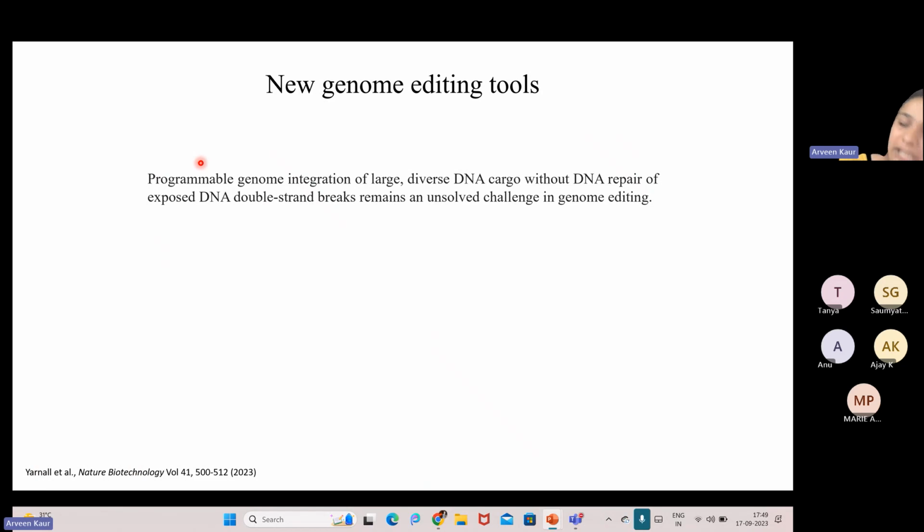Why did they want to make this tool? Programmable genome integration of large diverse DNA cargo without DNA repair of exposed DNA double-stranded breaks was an unsolved challenge in genome editing before this tool actually came in, right?